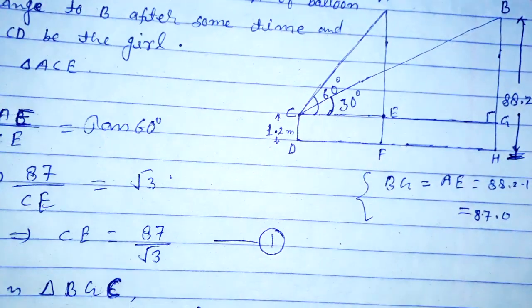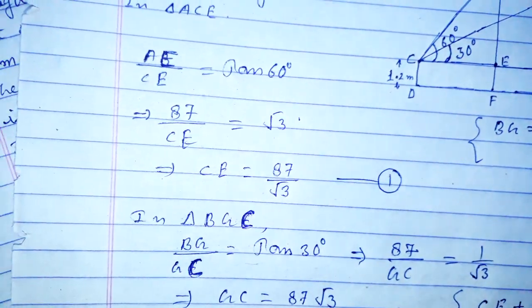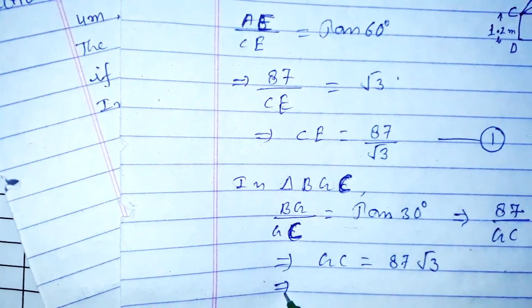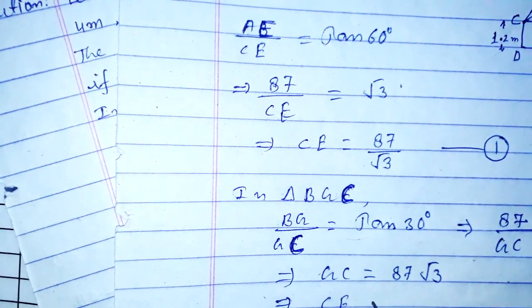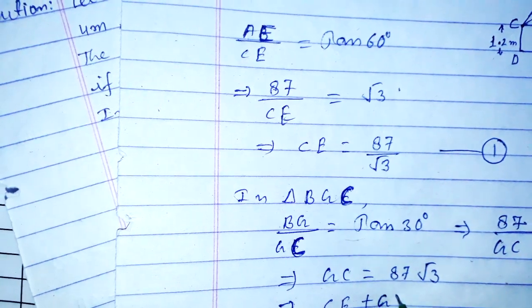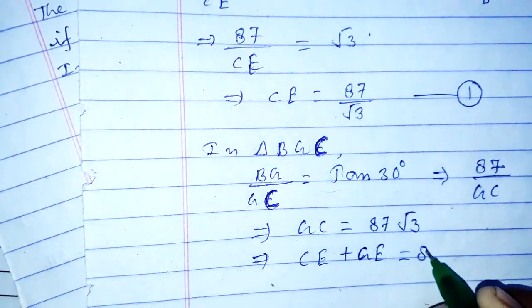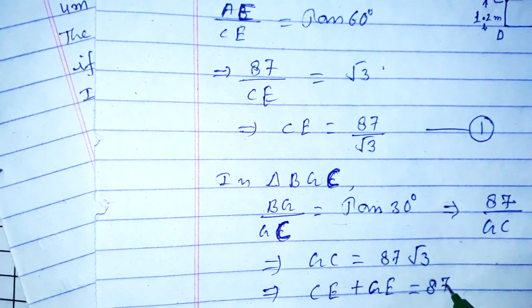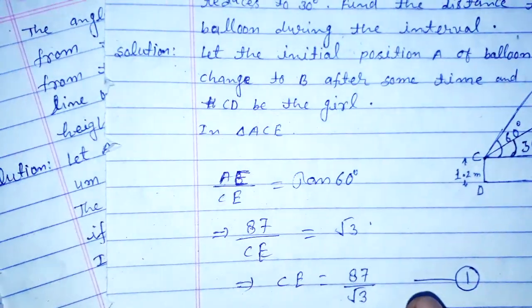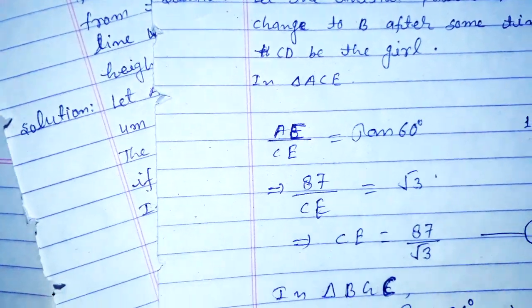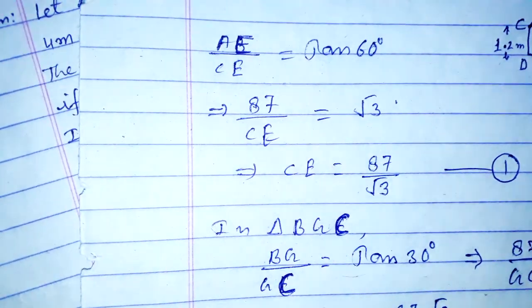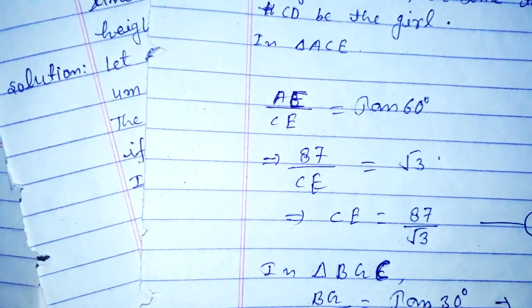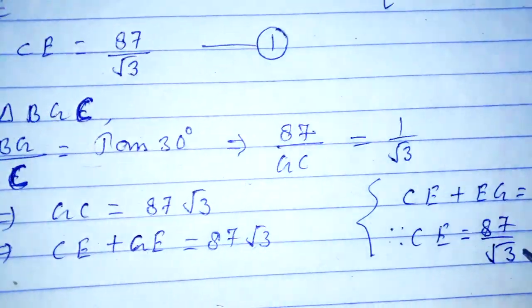So put the value of CE here. CE plus GE is equal to 87 root 3, and here the value of CE is equal to 87 upon root 3.